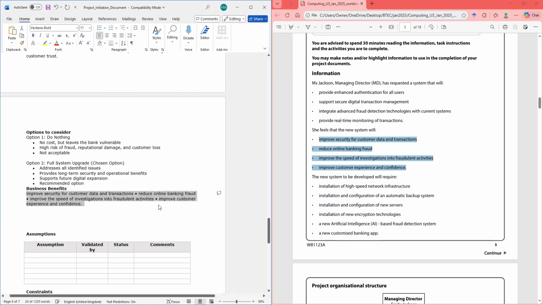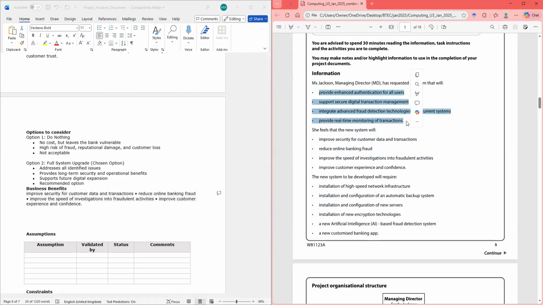Control B. Okay. So business benefit is there. Look at this also. This is also business benefit. It will provide all of this. So this is also business benefit.